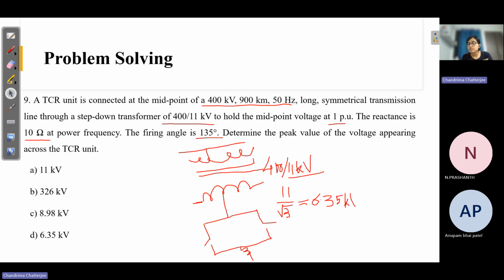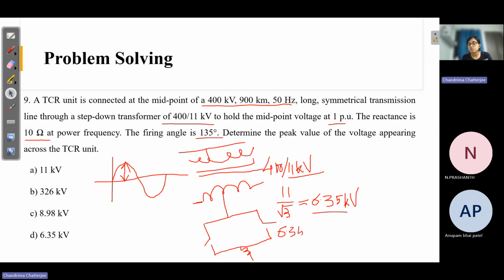And obviously the thyristors will have to withstand the peak of the voltage, because the voltage is Vm sin omega t, right? So this is the voltage that the thyristors have to block. This is the RMS value, so what will be the peak value? 6.35 root 2.